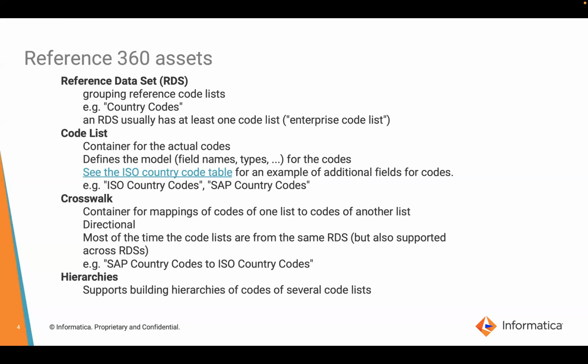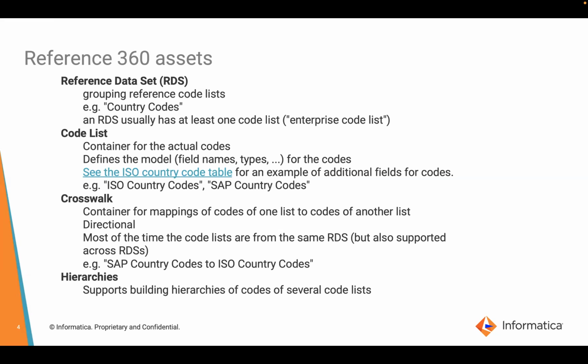When you create a reference data set, by default an enterprise code list gets created inside it. We do this to promote, let organizations have that single version of truth, or define their enterprise code list.